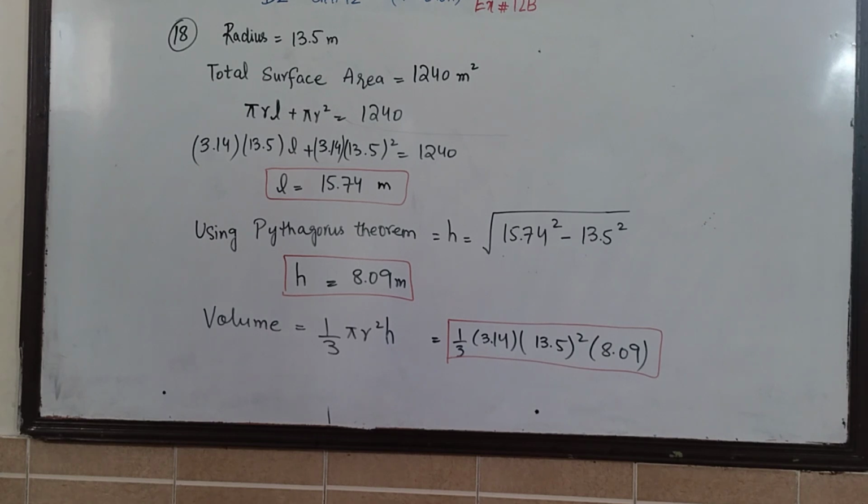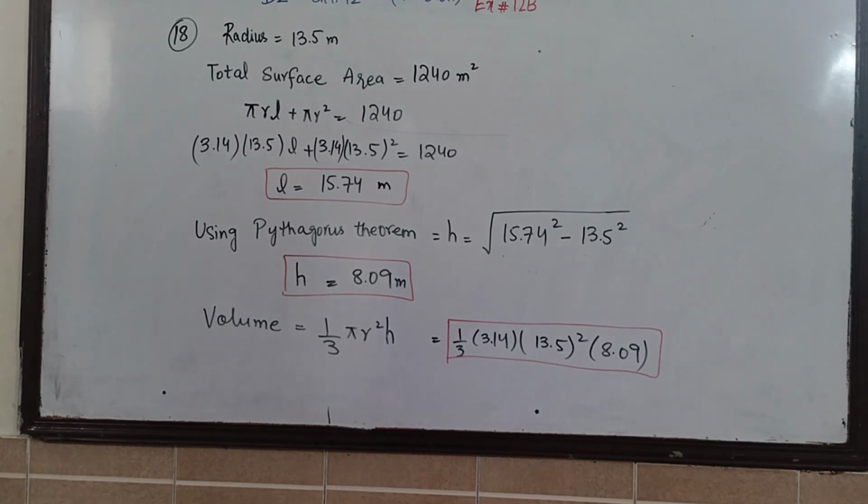Next we have to find the height. For the height you are using Pythagoras theorem. Pythagoras theorem states that hypotenuse square is equal to base square plus perpendicular square. So put the values in the formula and you will get the height of the cone, which is 8.09 meter.